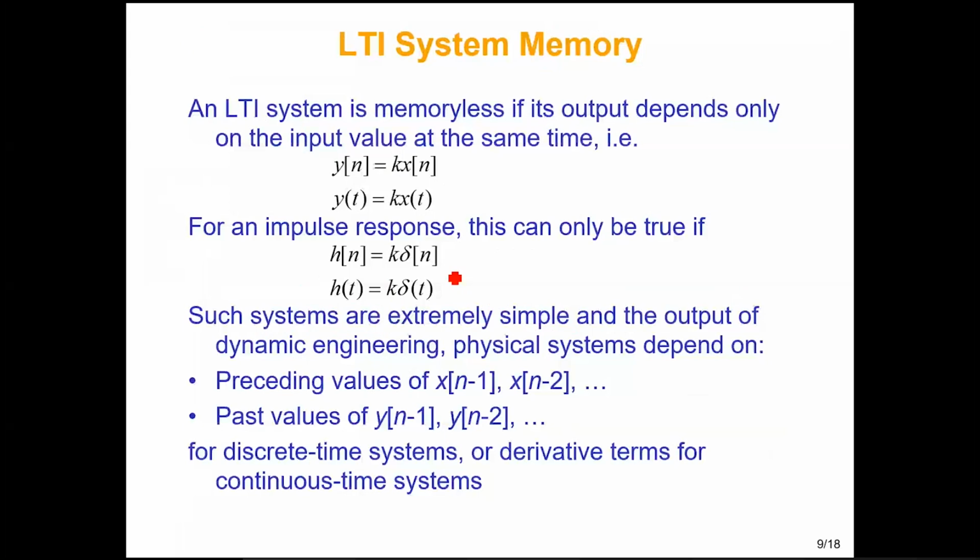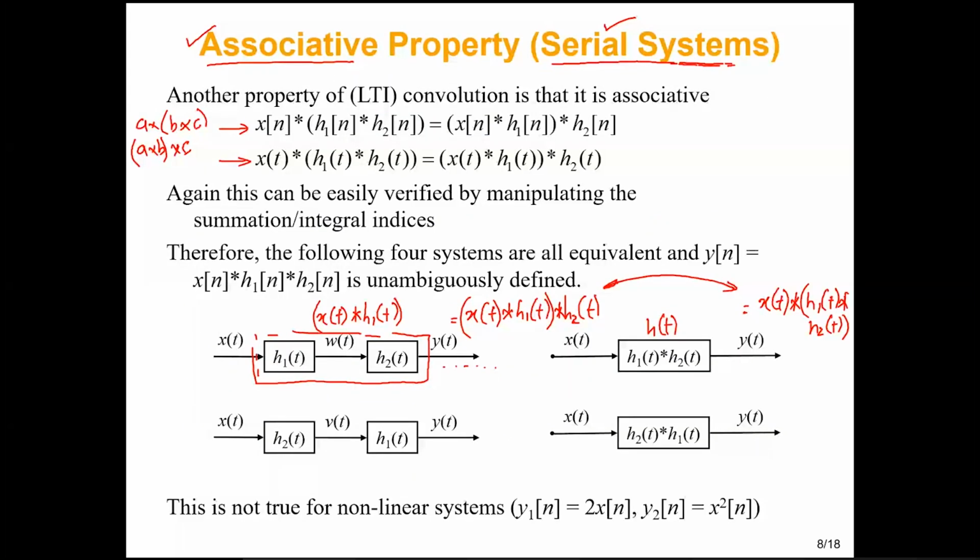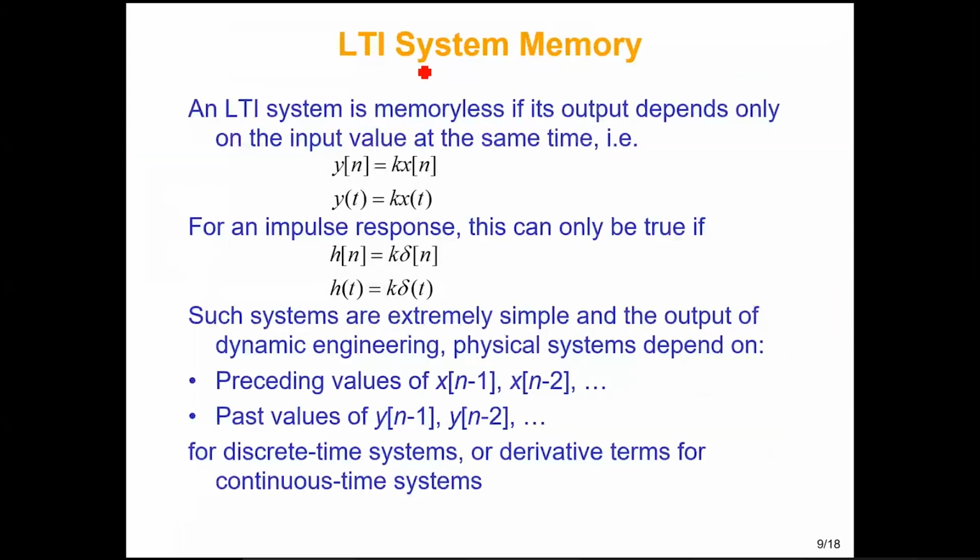Okay, let's continue. Till now what we saw were certain properties of the convolution operator. So let's talk about some other properties of systems. We saw memory systems and memoryless systems. We know that a memoryless system is a system whose output depends on the input value at the same time.